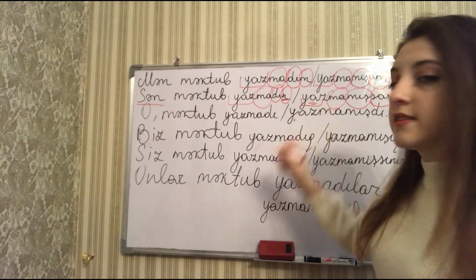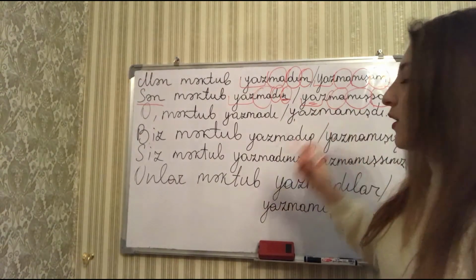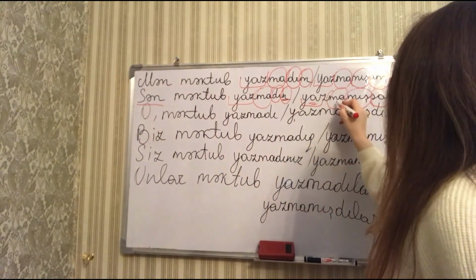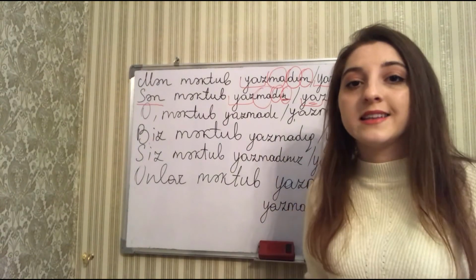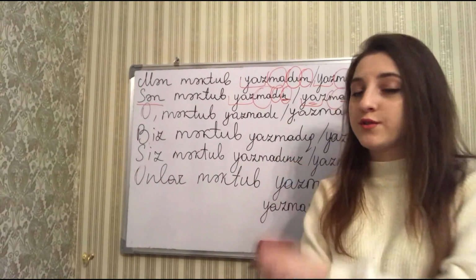Again, a is a hard vowel. That's why our negative form must be ma, not me. Yazme, it is false. Okay?